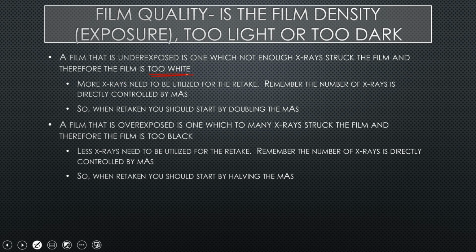So we need more X-rays for the retake. The number of X-rays, again, is controlled by MAS. So if you have an image that's too white, you may want to consider doubling your MAS to help balance that out so it can come a little darker.